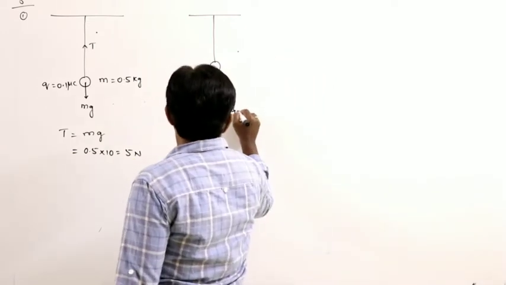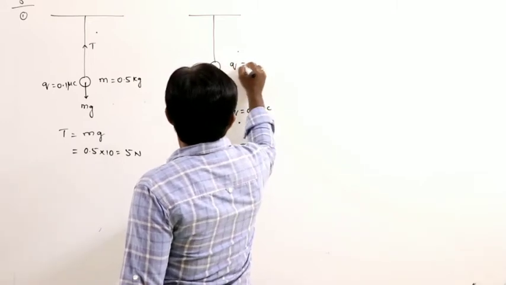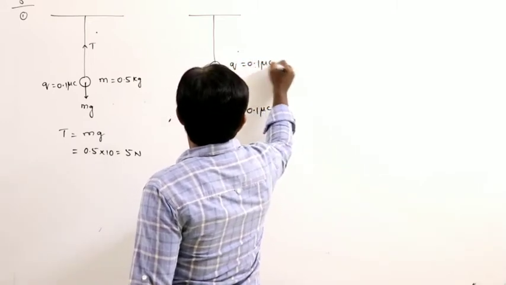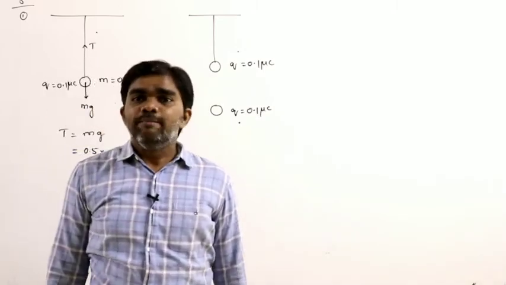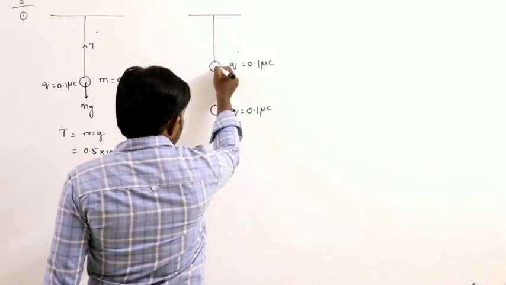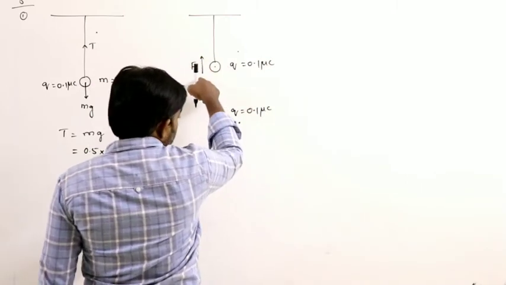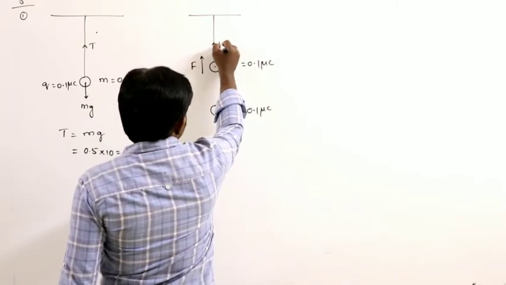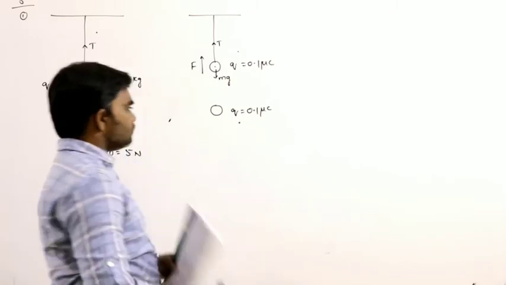Like charge means here also Q equals 0.1 microcoulomb. So both are like charges. Like charges means there exists a force of repulsion between those two. What is the force acting on this? Electrostatic repulsive force upwards, the tensional force upwards, and mg downwards.